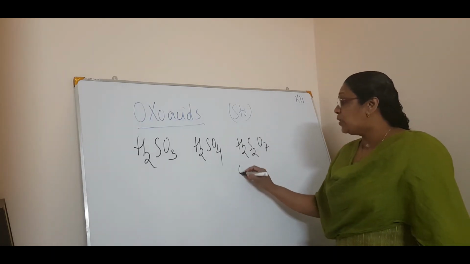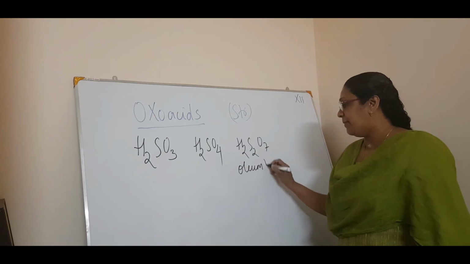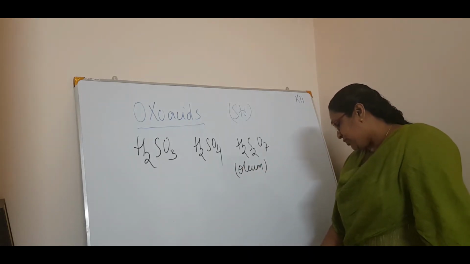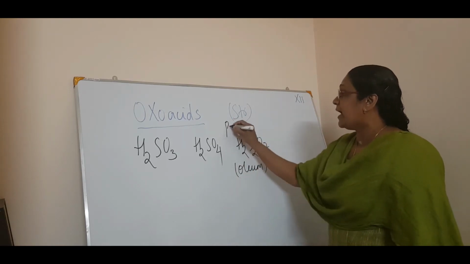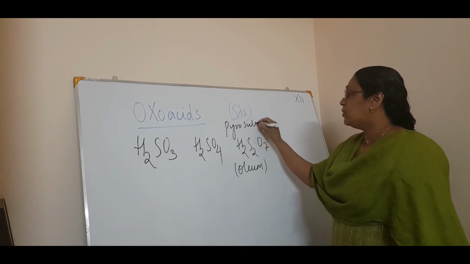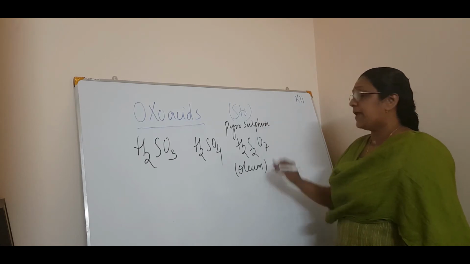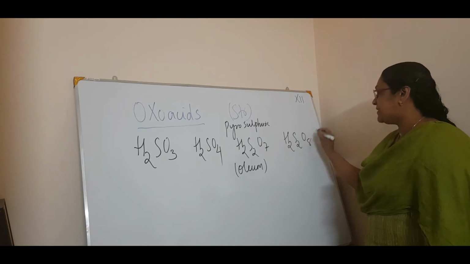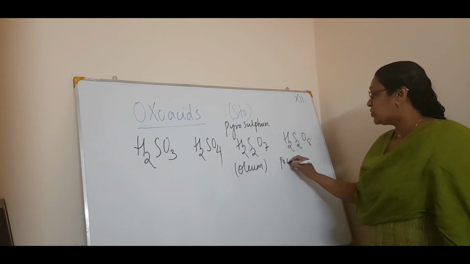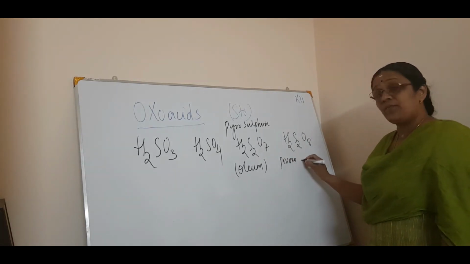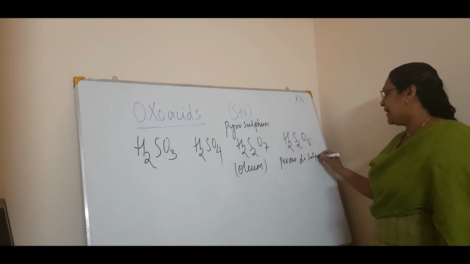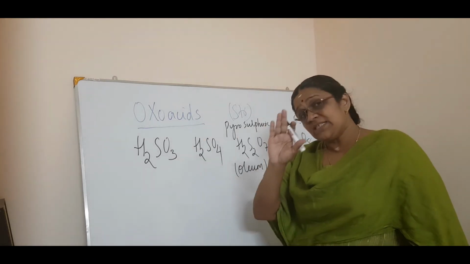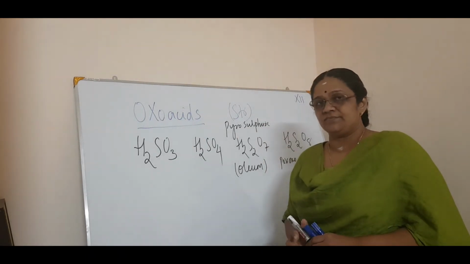This is called oleum, also known as pyrosulfuric acid. And one more you have to study, H2S2O8, that is peroxodisulfuric acid. So these 4 oxo acids, only the structure you have to study.